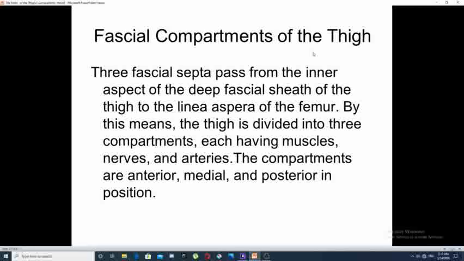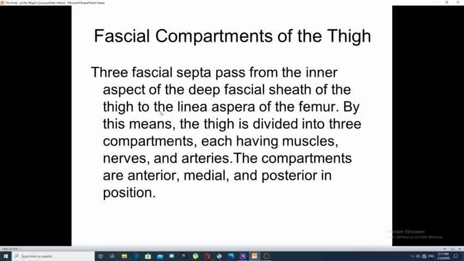Three fascial septa pass from the inner aspect of the deep fascia of thigh to the linea aspera of the femur, an important landmark on the femur.